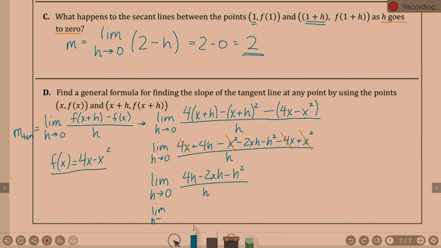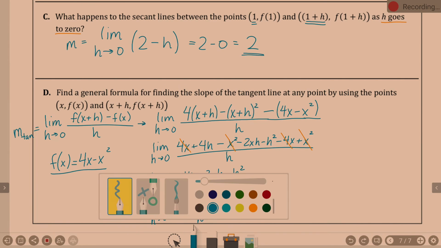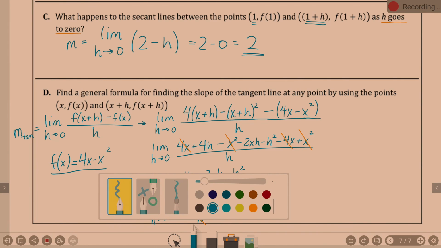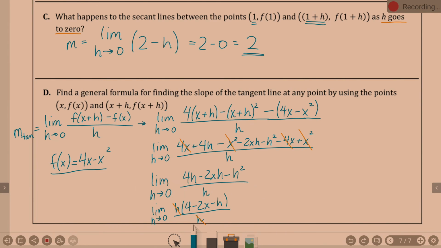Then I have h times 4 minus 2x minus h all over h. It just canceled. The whole design of that is that an h will cancel right there, yes? If an h doesn't cancel there, if not everything has h's on top, I would go back and check your algebra. You made a careless mistake, most likely.